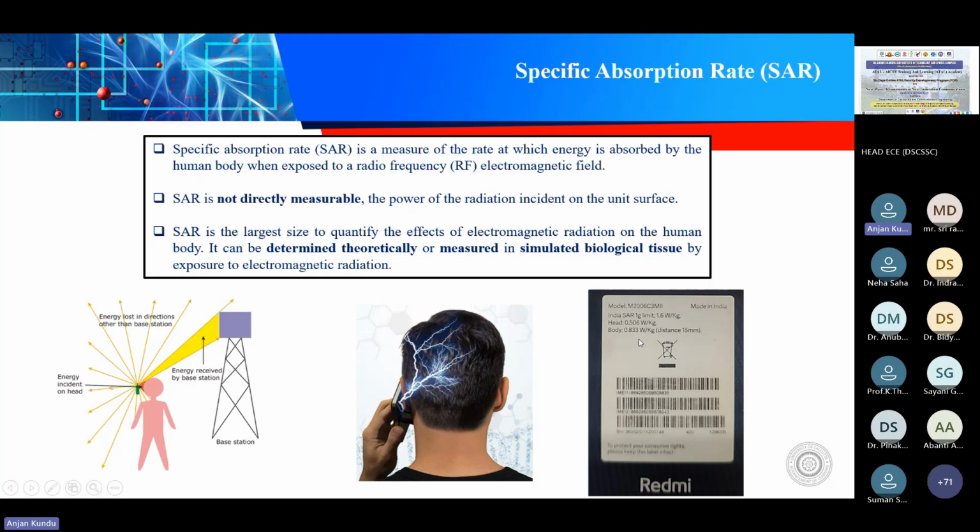And there is a term, the SAR. You can see it is a limit of 1.6 watt per kg. And the SAR of this mobile on your head and on your body is 0.506 and 0.833. Every mobile has this sticker at the back. Otherwise, this mobile can't be available commercially in the market.